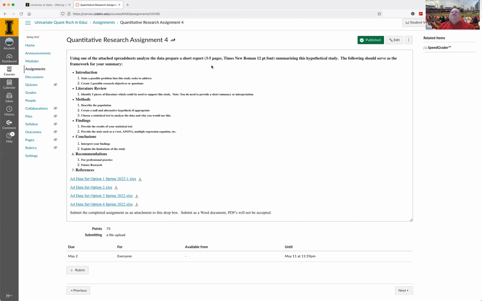And in limitations, that is what group your findings can be generalized to. And then the final couple things, recommendations for professional practice, and recommendations for future research, and then the references. And again, I provided 4 data sets. It's up to you. You get to decide which one you want to analyze.